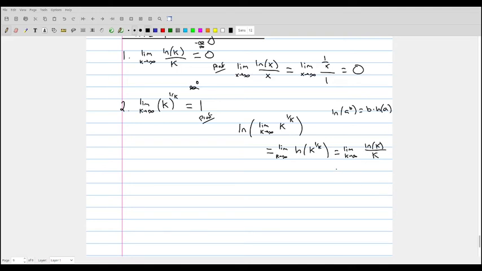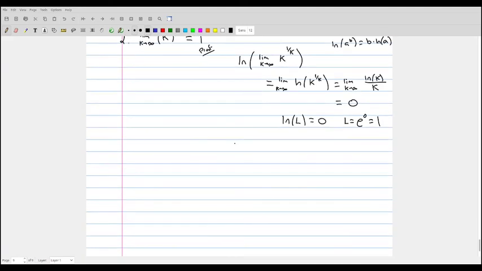And we just showed that this limit is equal to 0. So we have the equation natural log of L is equal to 0, which means that L is equal to e to the 0, or 1. This is the reason why this limit is equal to 1.